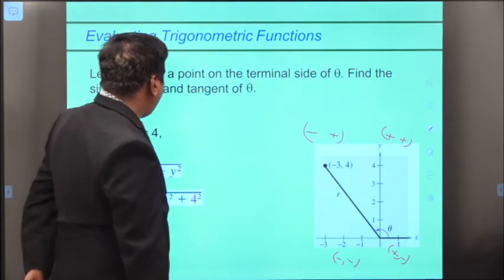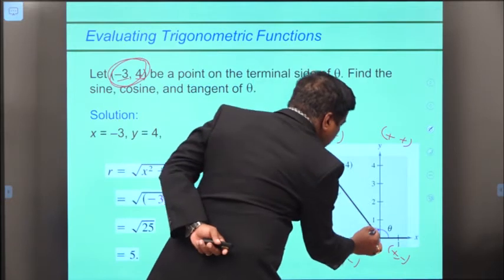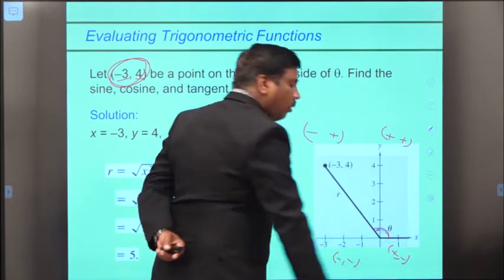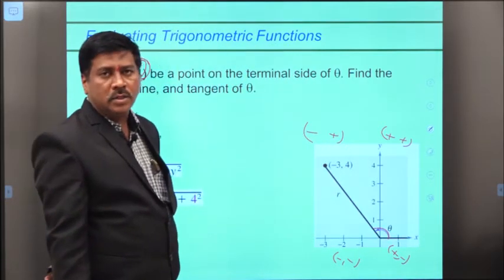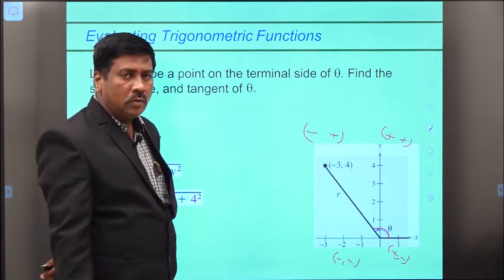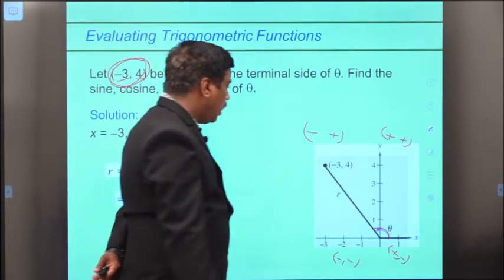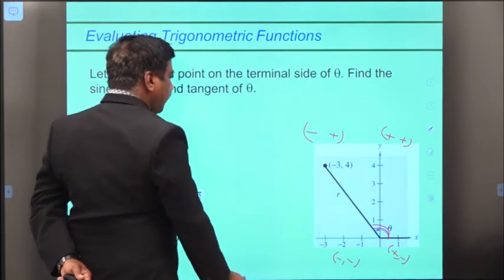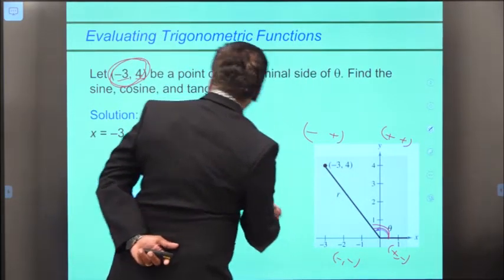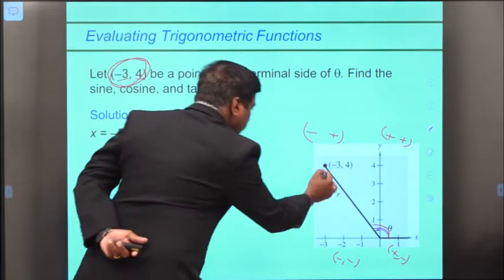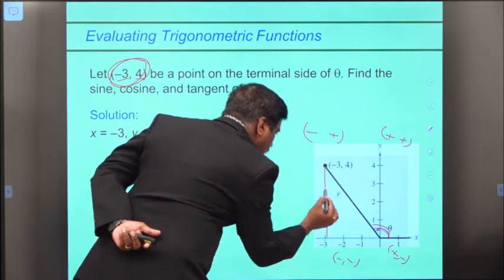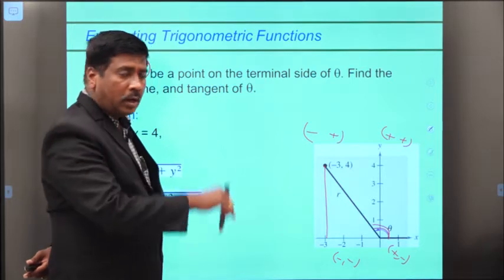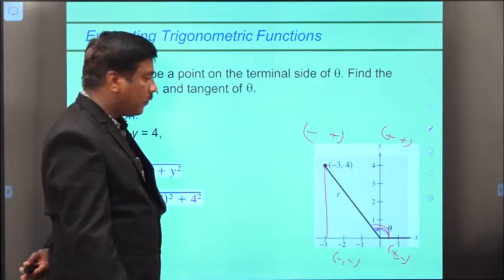By using this information, I am able to find all the trigonometric ratios sine theta, cos theta, tan theta, cosecant, secant and cot theta. Likewise, this is the angle I have to assume. Here the x value is minus 3, because I have to draw one perpendicular from that point to the negative side of the x-axis.